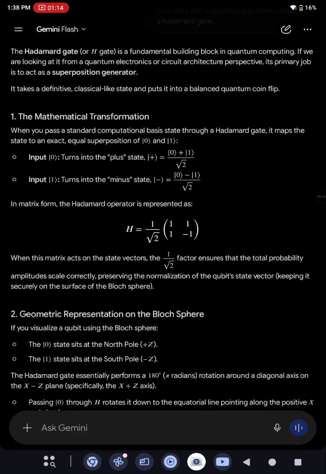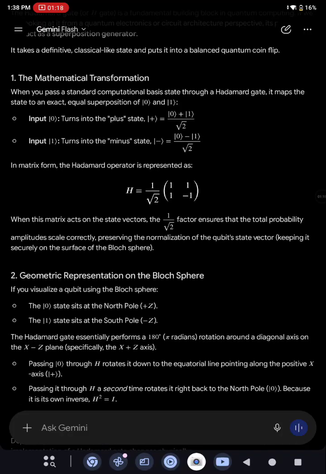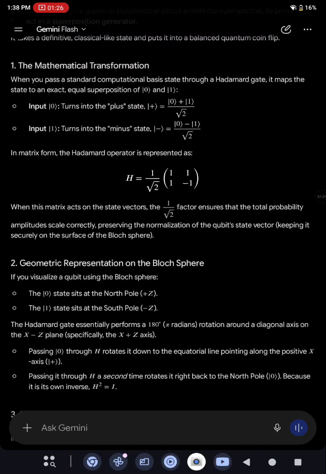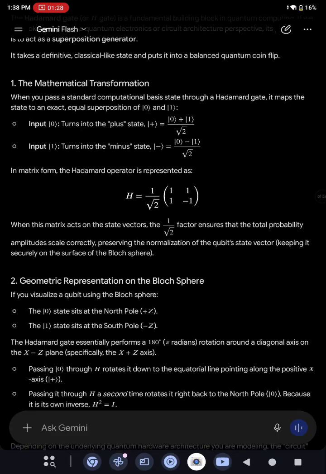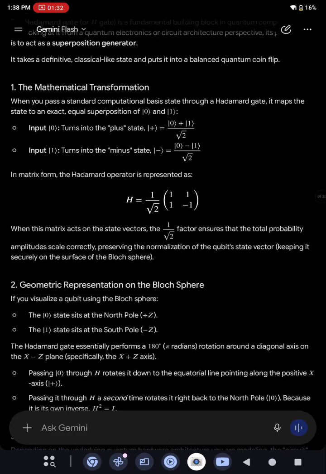So it generates superpositions. It takes a definitive classical-like state and puts it into a balanced quantum coin flip. So it's not just going to flip a coin, but it's going to enforce or generate a superposition.